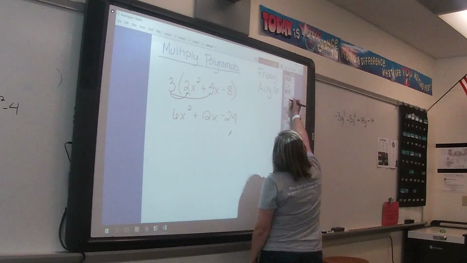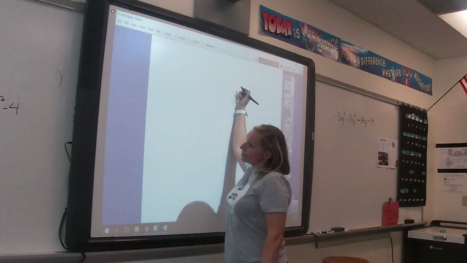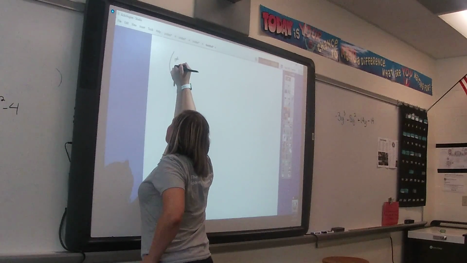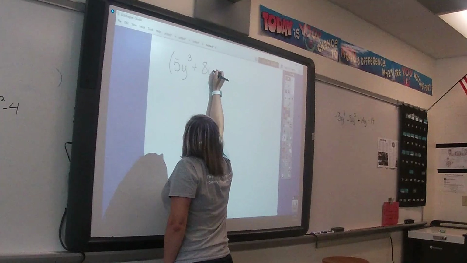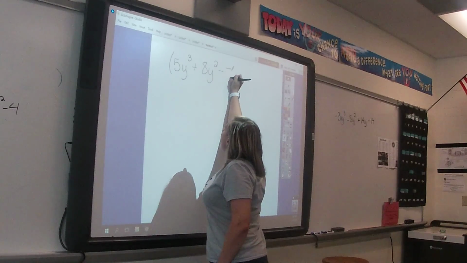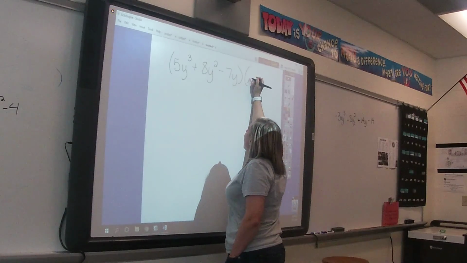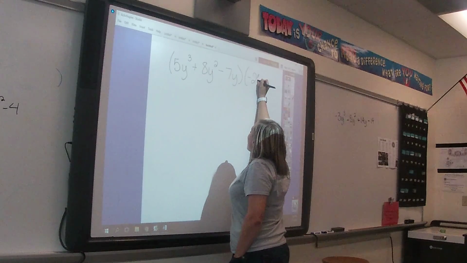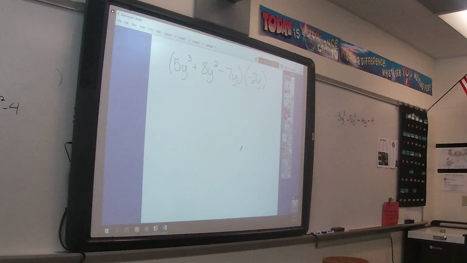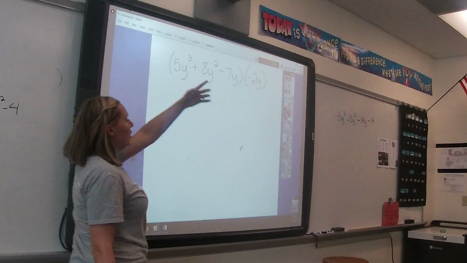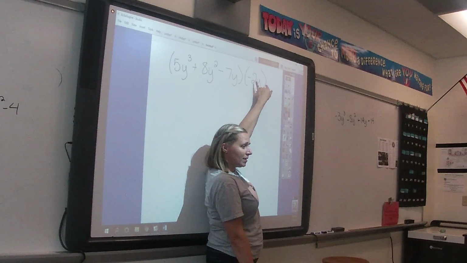These can look slightly different. Depending on what monomial we have, this monomial over here isn't always in parentheses.